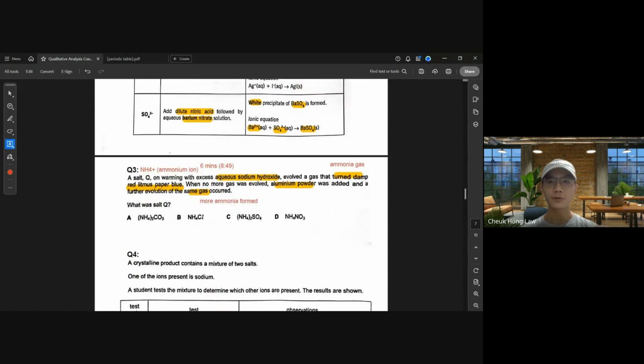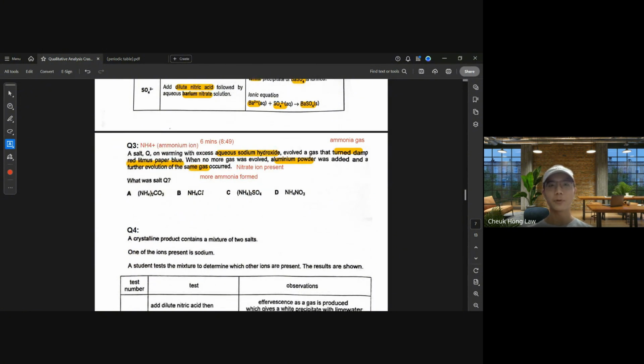So this proves that nitrate ion is present. So what was salt Q? Very simple. You combine ammonium ion with nitrate ion, you get ammonium nitrate. So your answer is D.